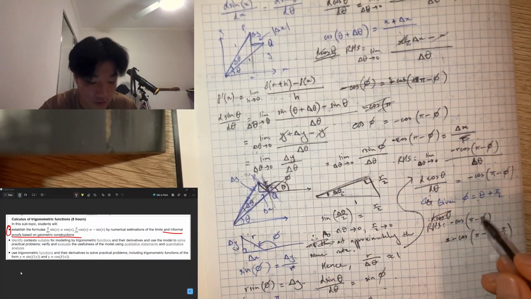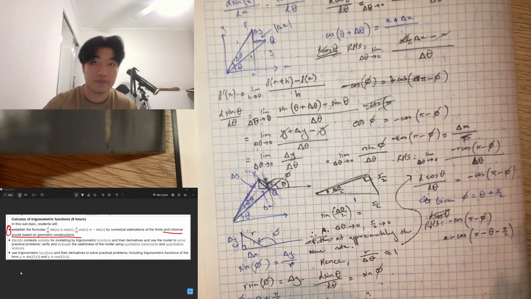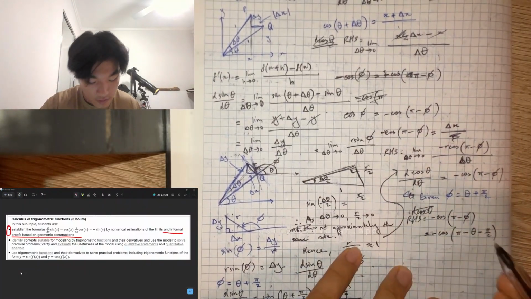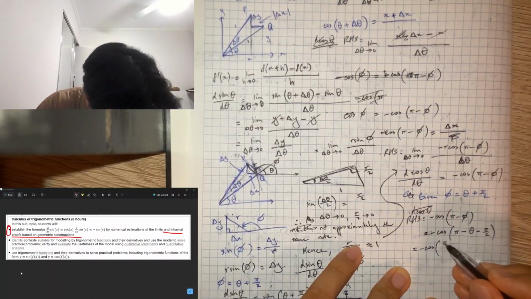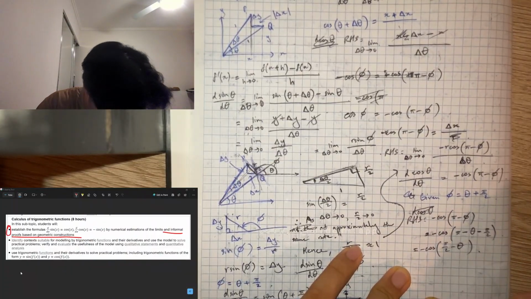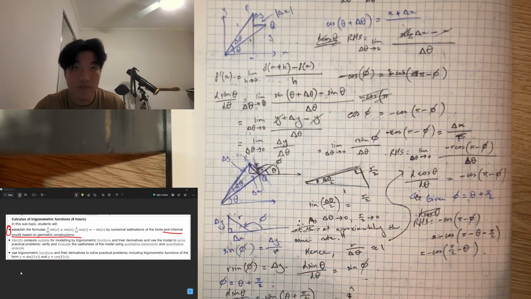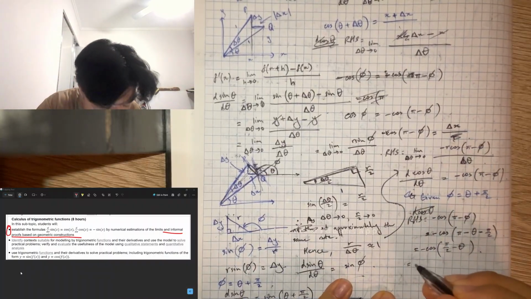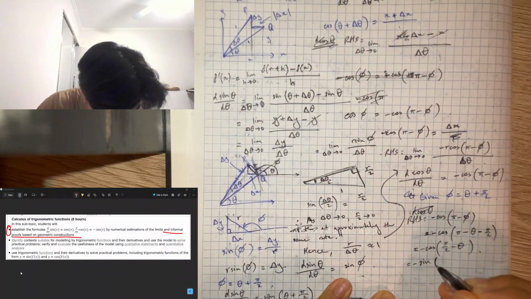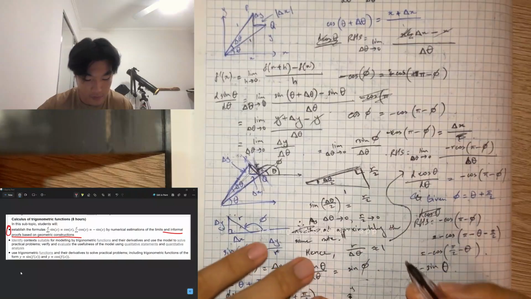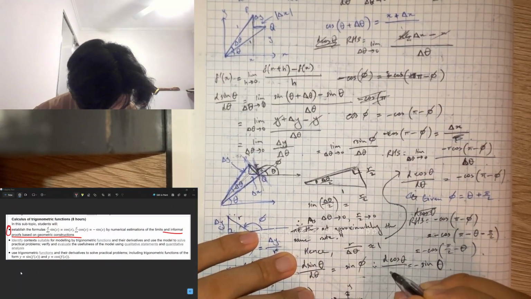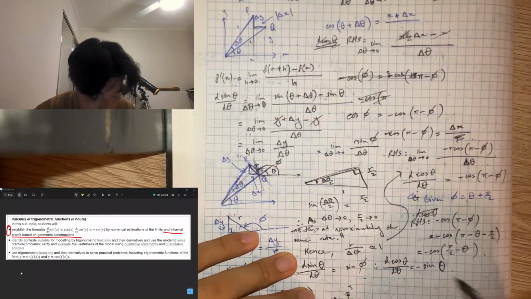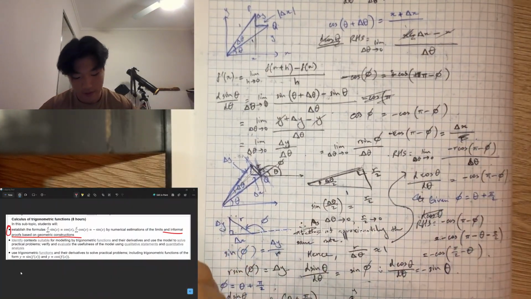Because the negative distributes to both. Now, you get negative cosine of pi over 2 minus theta. And again, since they're complementary, you get negative sine of theta. Bam. So therefore, the derivative of cos theta is negative sine theta.